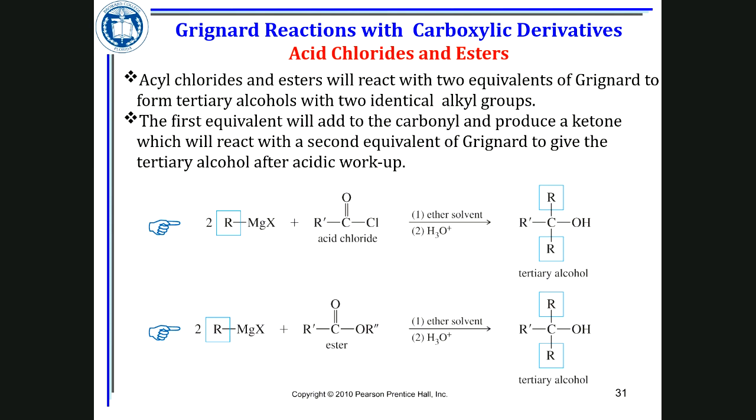A Grignard reagent can attack any carbonyl group. As I said, this is a carbonyl group, but how is that different from an aldehyde, formaldehyde, or ketone? The compound is called an acid chloride. The difference between an acid chloride and formaldehyde or a ketone is that here you have a leaving group.